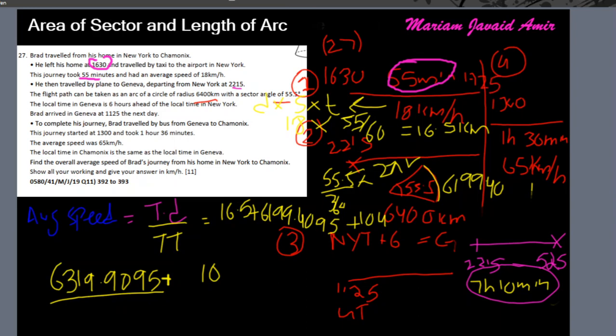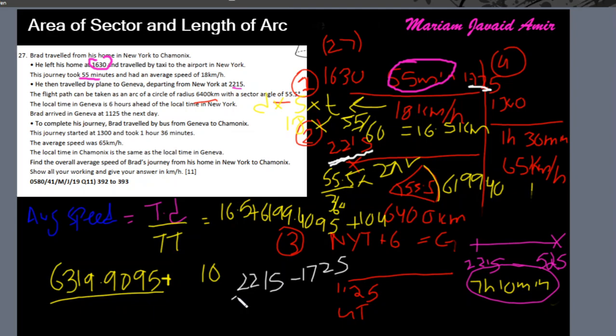Then he traveled by plane to Geneva, departing at 22:15. So there's a wait time included as well. He's arrived at the airport at this time and he departs at this time. So we have to subtract these two times, 17:25 and 22:15. So how do I do that? Let me do that and then rub it later. 22:15 minus 17:25, right?